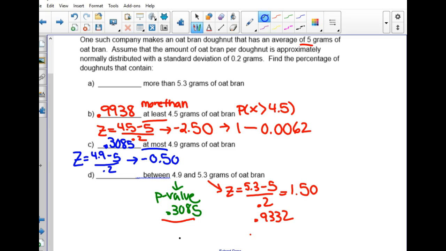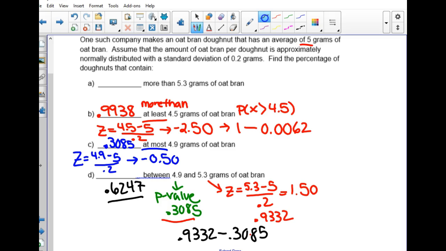So 0.9332 minus 0.3085. And did anyone type that on their calculator? 0.6247. Can anyone confirm? Yeah, 0.6247.